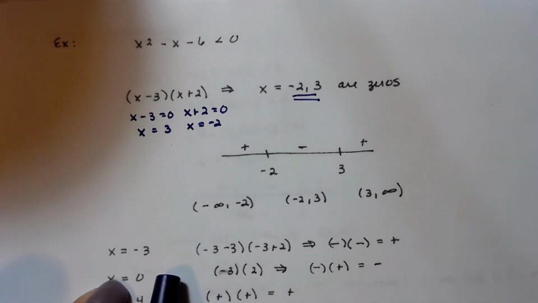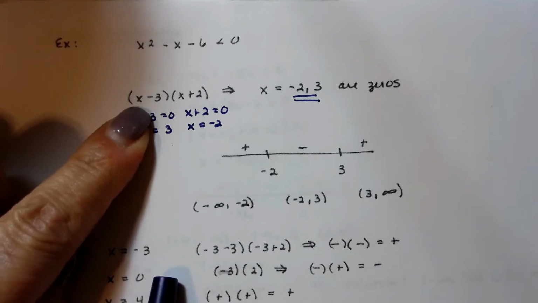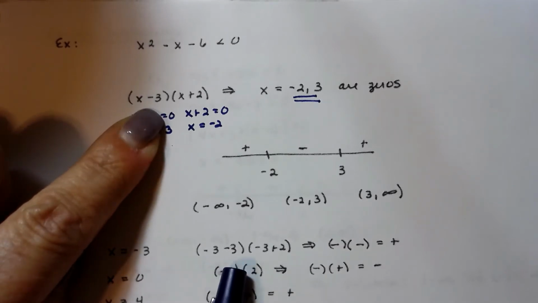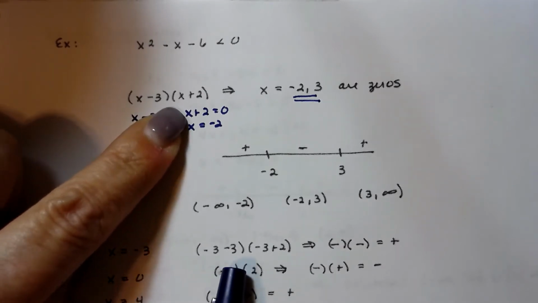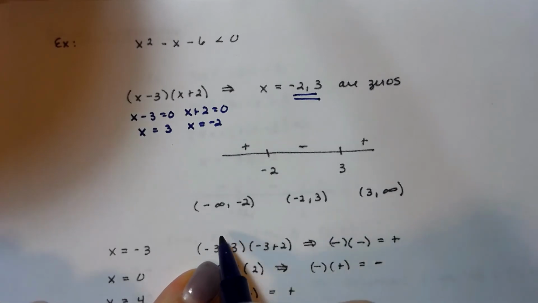If I plug a negative 3 into this binomial for every x, I'm going to have negative 3 minus 3 right here, times negative 3 plus 2. Negative 3 minus 3 is a negative 6. When the signs are the same, you add and keep the same sign.